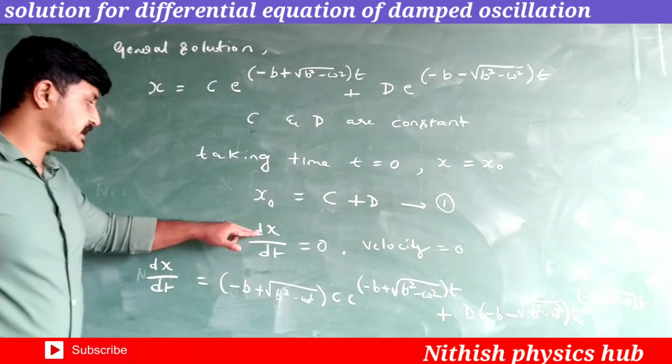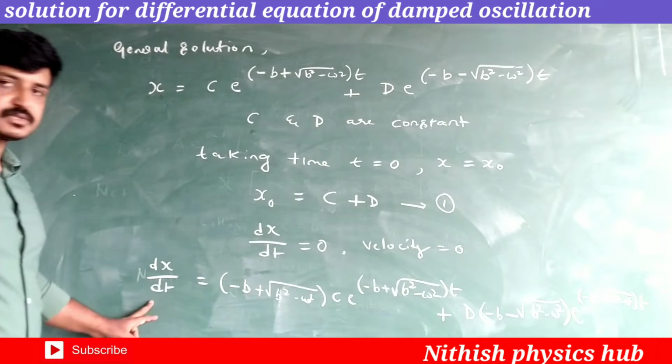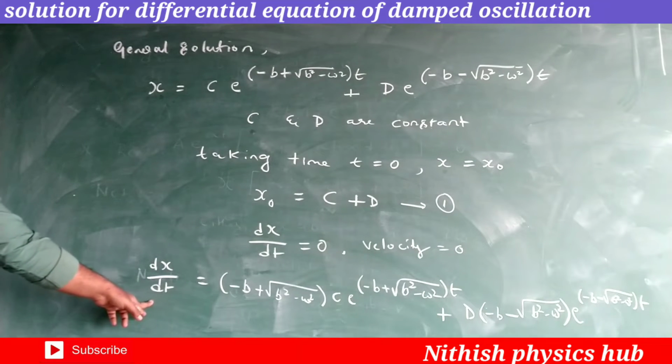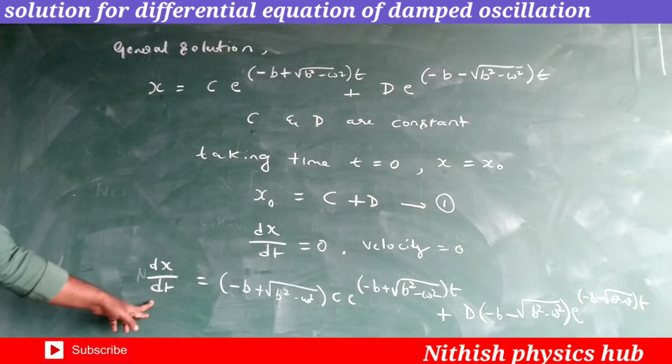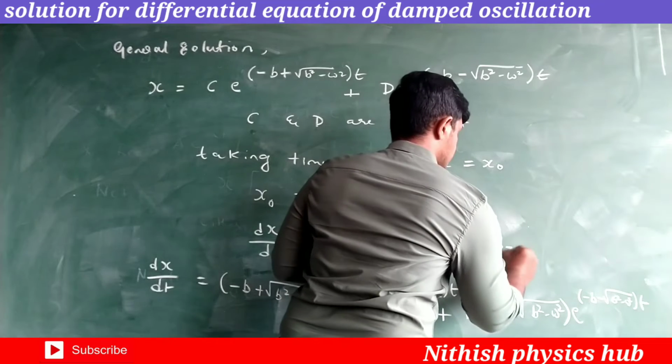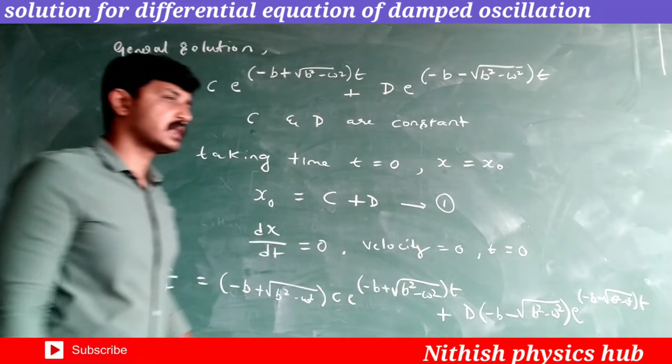Now I know the condition where dx by dt is equal to 0, at the starting position t equals 0.